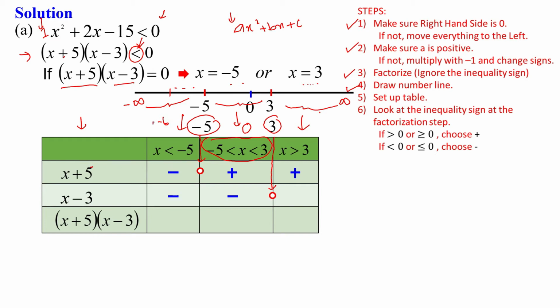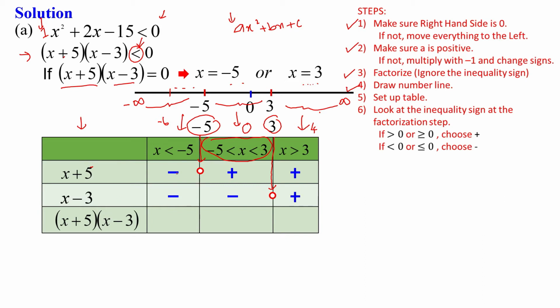And let's say we substitute that -6 into the next factor, -6 minus 3, it will be -9. So write the negative sign here, and then here, let's say we choose 4, 4 minus 3 would be +1.